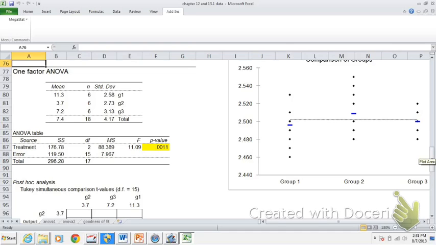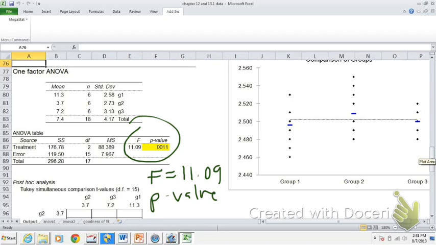Okay. The p-value is significant. Notice we're going to report this. The thing that we're going to report is the F-test statistic, which is 11.09. We're going to report the p-value, which is 0.0011. Now we know, since p is less than alpha, we reject H0.